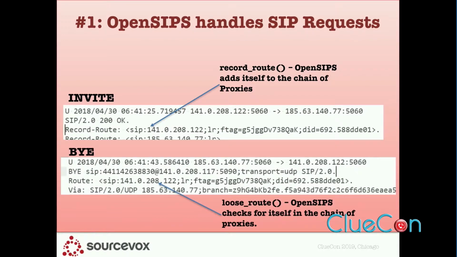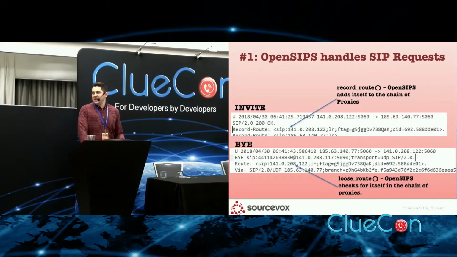And here's an example of the UAC or the UAS on the other side sending the bye, and it's put the IP address of OpenSIPs into the SIP as you would expect. And it works really well. It means that OpenSIPs can handle really, really high volumes of calls because there's no state. It doesn't have to know anything about the call. It just purely uses the SIP routing headers in order to route the subsequent requests.